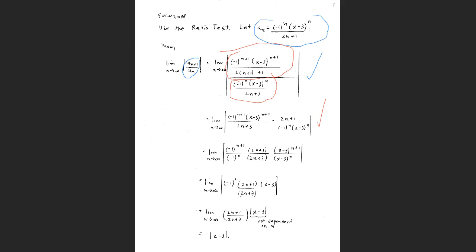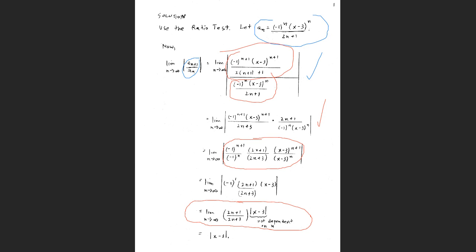Same kind of thing. I reduce the expression inside by grouping together like terms, and I'm going to have the limit as n goes to infinity of (2n + 1) over (2n + 3) times the absolute value of x - 3.